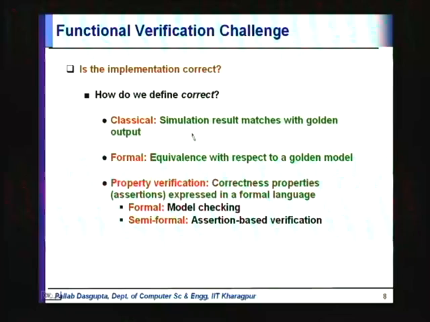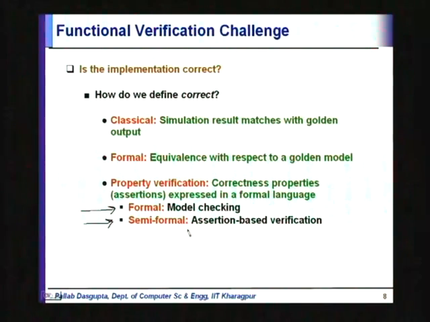and then checking those properties on the implementation can be done either formally, and that technology for checking the properties formally is called model checking, or it can be done in a semi-formal way, where I cannot give you complete guarantee about the correctness of the property, but given more and more time I can improve my confidence that the property holds on the design.